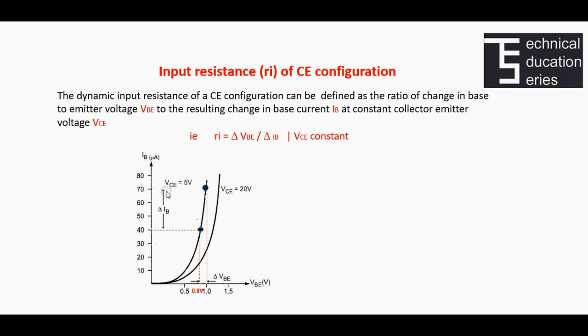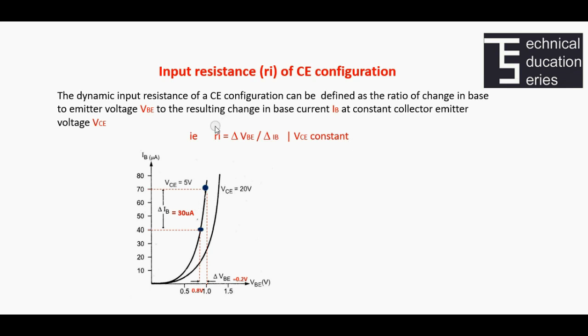Take the corresponding current and it is found to be 70 microampere. Now the change in VBE is 0.2 volt, that means 1 minus 0.8 volt, and the corresponding change in IB is 30 microampere, that is 70 minus 40 microampere. Now we have both values, delta VBE as 0.2 volt, delta IB as 30 microampere.